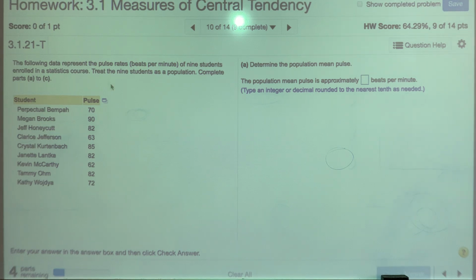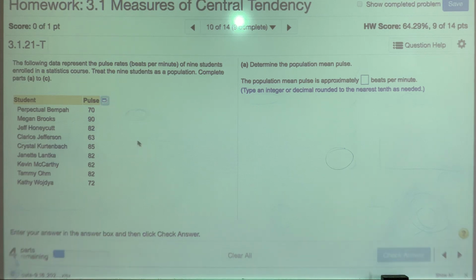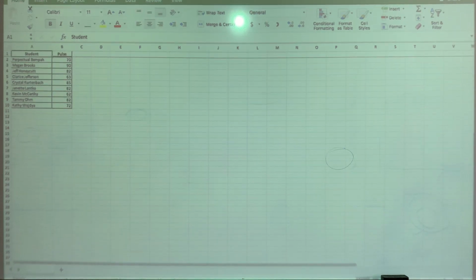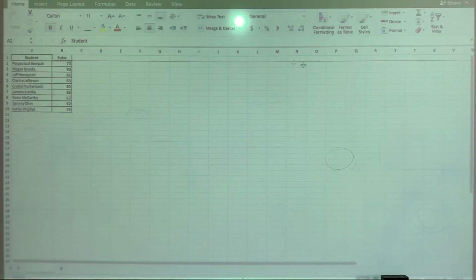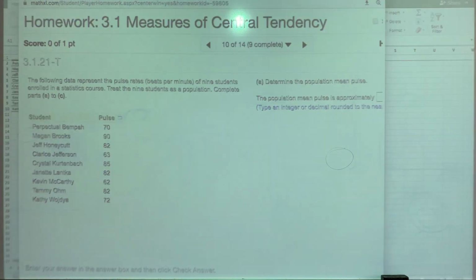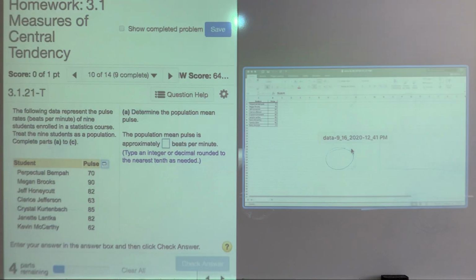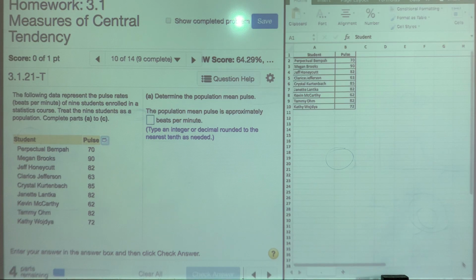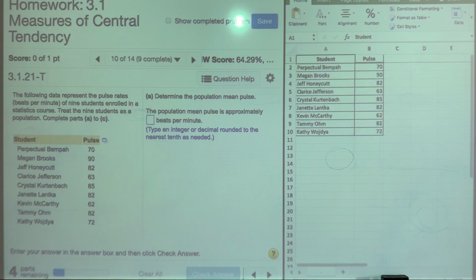So our next problem, here's our data set. Let's take a look at it. I'm going to open it in Excel. Okay, and there we are. And let's go answer some questions, shall we?